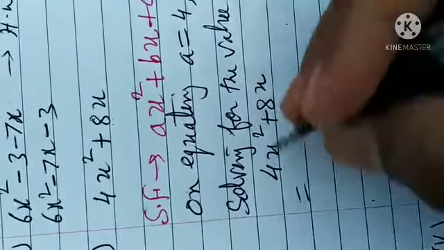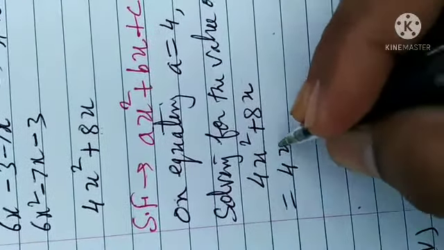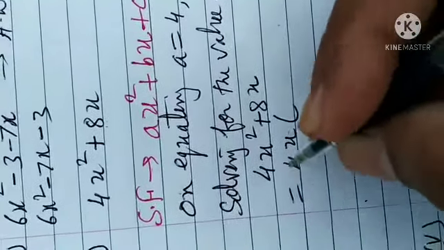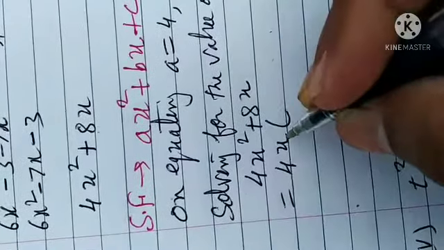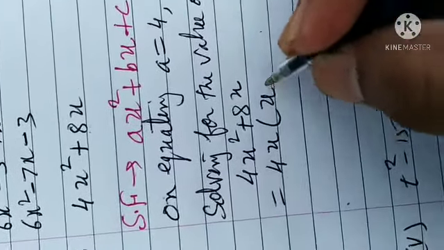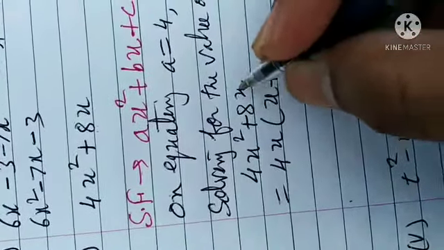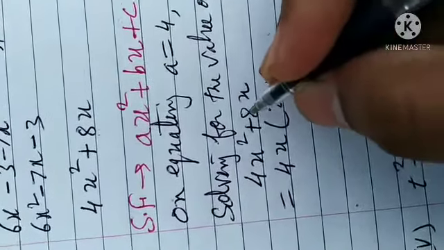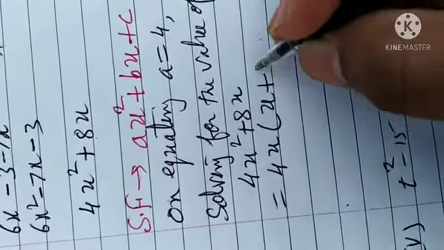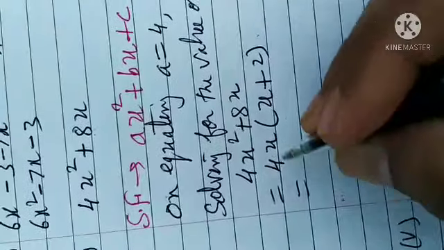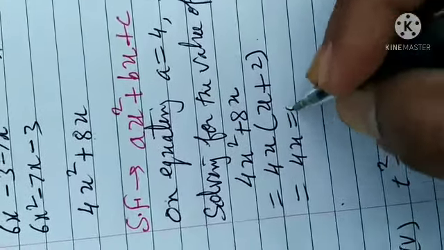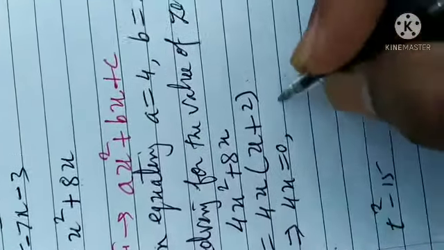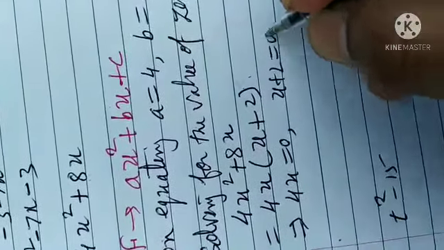Now dear students, what is common from this? 4u we have taken common, 4 cancels, 1 power of u is taken common, the first power of u is left, plus here u common, and 4 divides 8, so 2 times. Now if you take 0, then 4u is equal to 0 and u plus 2 is also equal to 0.